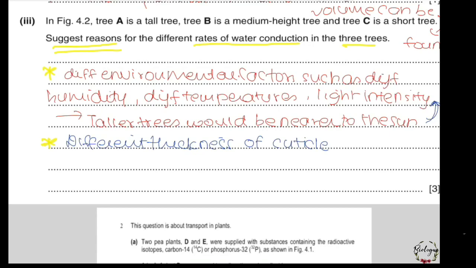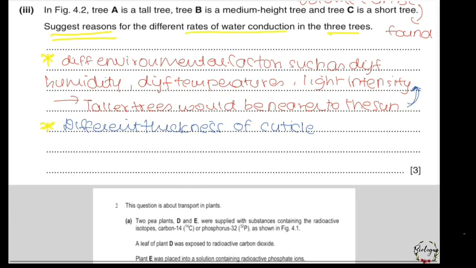Now, the thickness of the cuticle. How do you think the thickness of the cuticle would relate to transpiration and thus relate to the uptake of water? As the thickness of the cuticle increases, the rate of transpiration decreases.